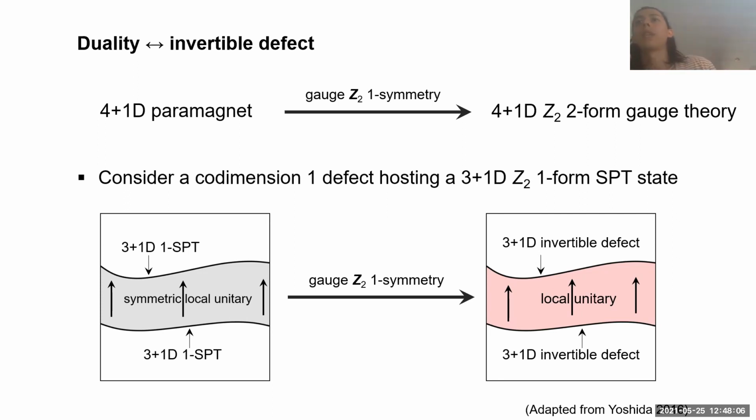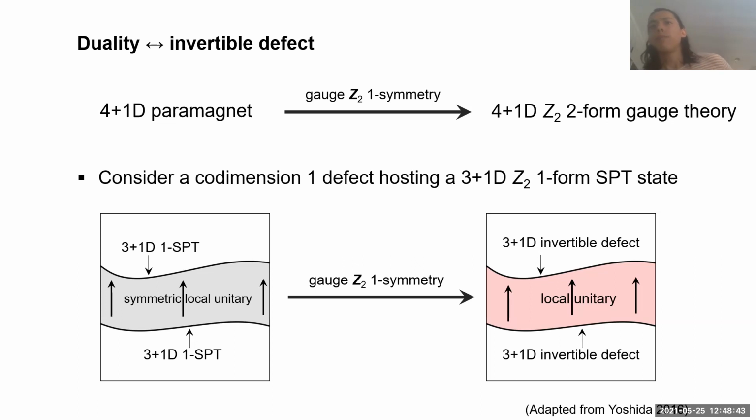So the basic idea is that if we take this 4D paramagnet and imagine that it hosts a codimension 1 defect that has a 3D one-form SPT living on it, basically an SPT under this bulk Z2 one-form symmetry, we can ask what happens when we then gauge this 4D system that has a 3D defect in it.